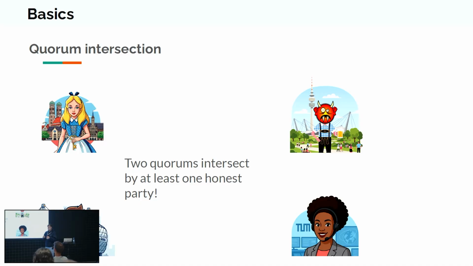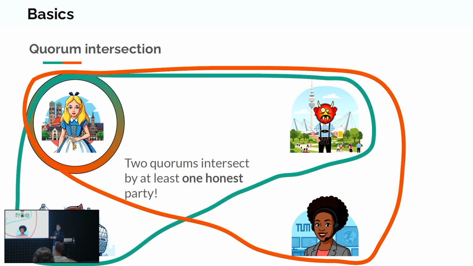And what you can derive from this property of quorum, if you know that the quorum is of all participants are honest, you can derive that if you take any two quorums, then there is at least one honest party in the intersection. And since all consensus protocols rely somehow on quorums, if you have a quorum of statements, then you can proceed to the next phase, the next round.